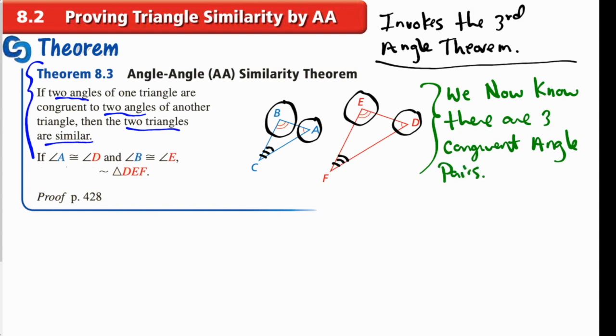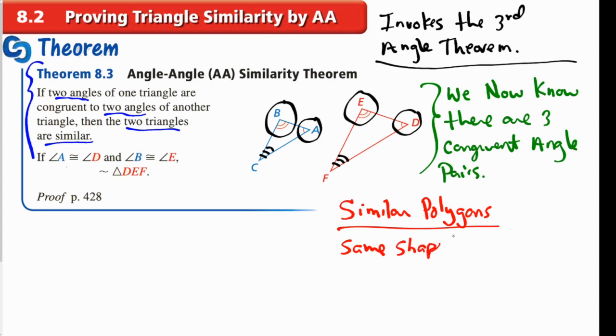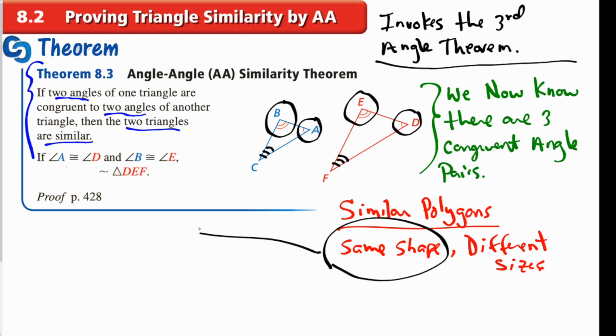if we recall the definition of similar polygons, they are the same shape but different sizes. And the question is, what constitutes the same shape? Well, the same shape has two requirements.